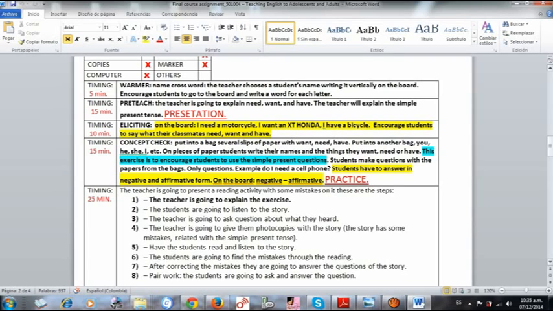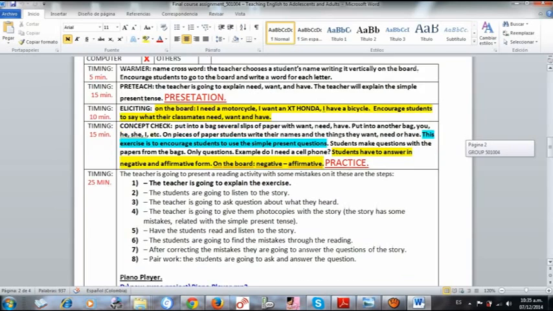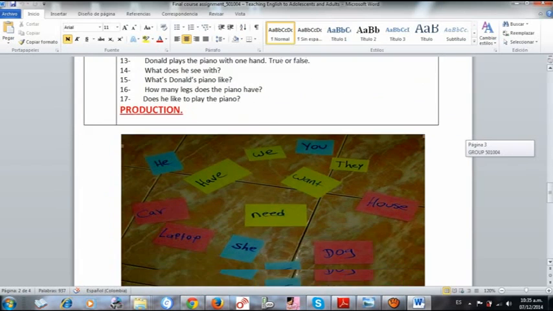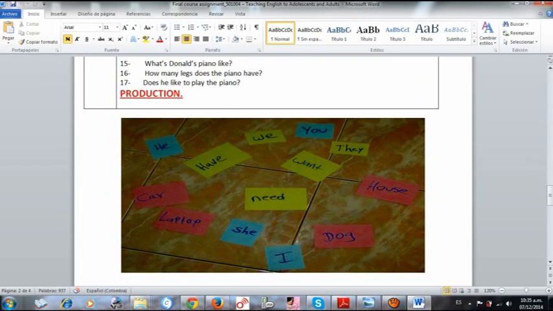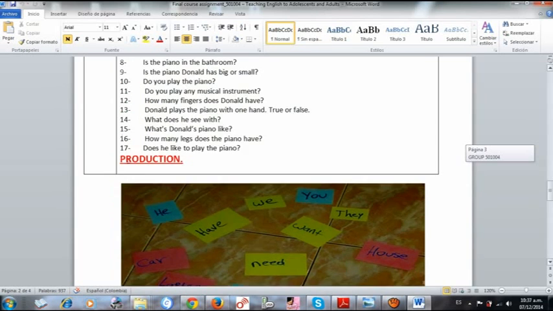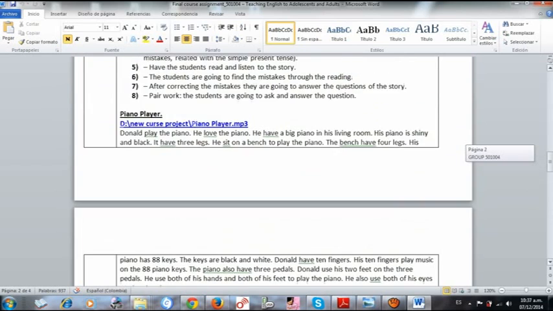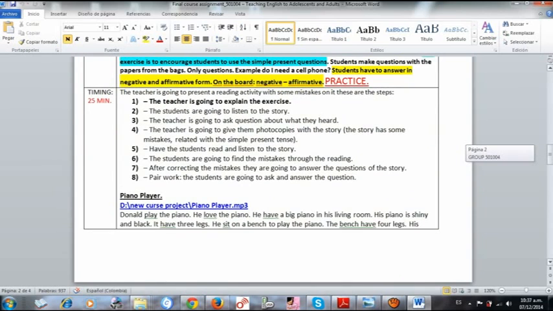I put some papers, and they should ask questions with those papers. I put a picture of the possible papers we can use, with he, she, right? I explained that in advance. Then have the students read and listen to the story, right?